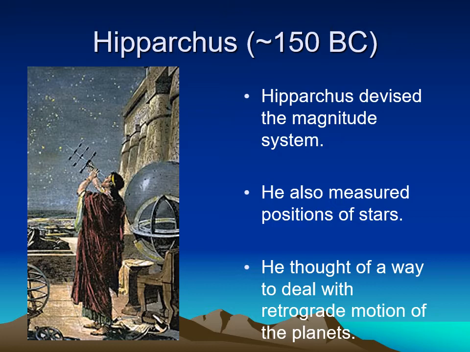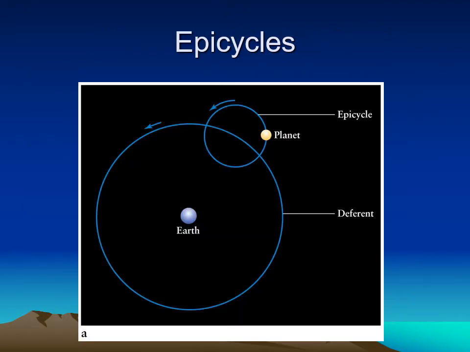He measured positions of hundreds and hundreds of stars, and he tried to figure out what could possibly explain this. And his idea was that maybe the planet moves around on an epicycle, and the epicycle moves around the sky. And now he did this without doing any math, okay?